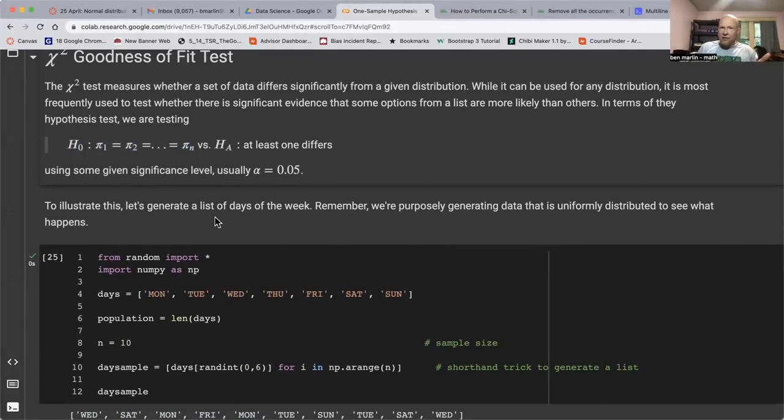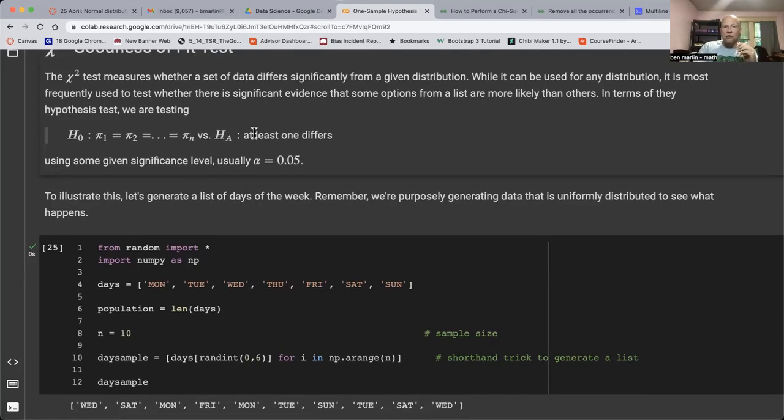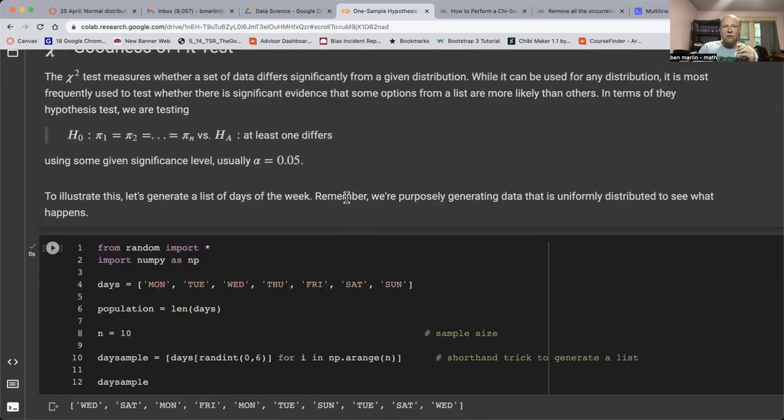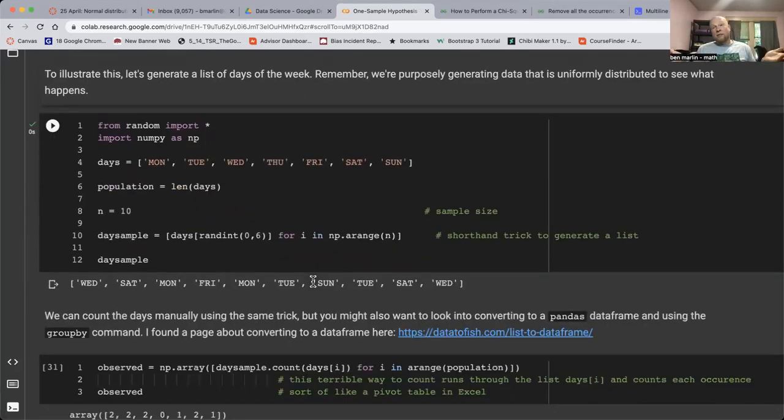So in our particular thing, we're going to do some of the days of the week. So you want to say that the proportion of Mondays is the same as the proportion of Tuesdays, blah, blah. Okay. That they're all about the same. And then the alternate hypothesis is that at least one of those is a different proportion.